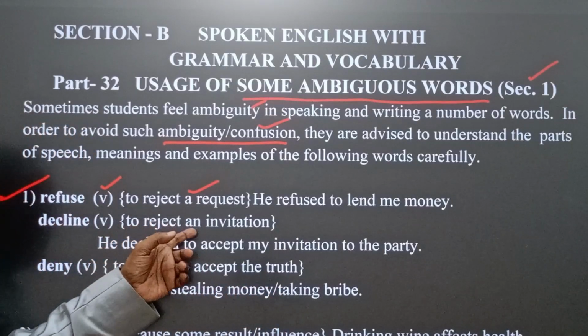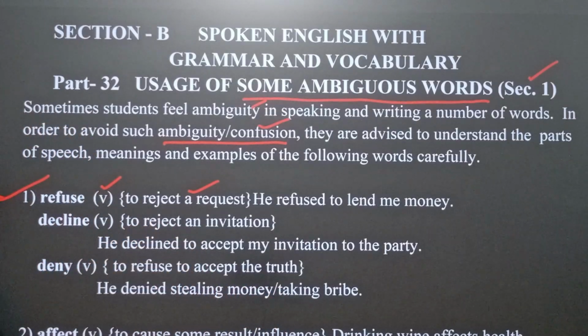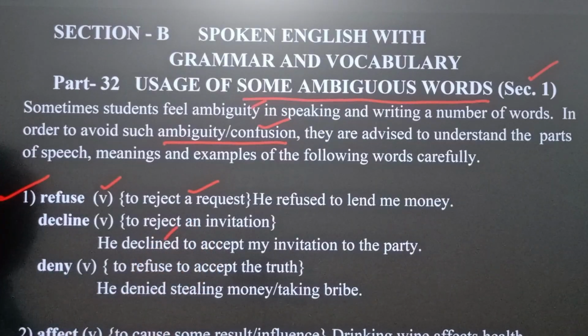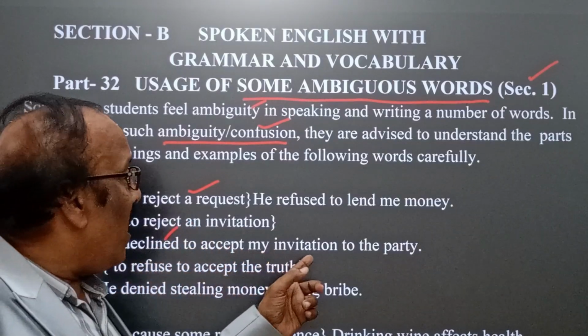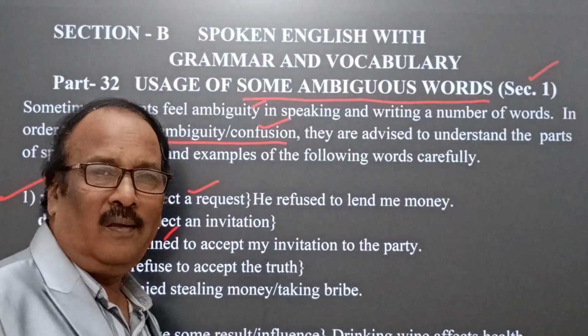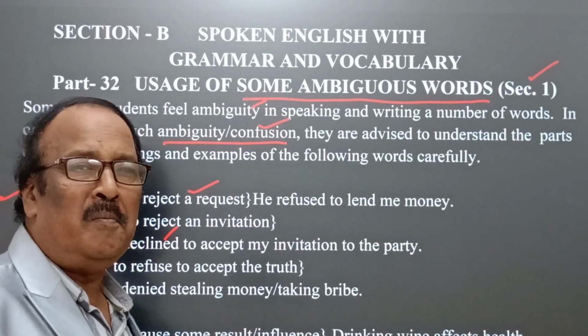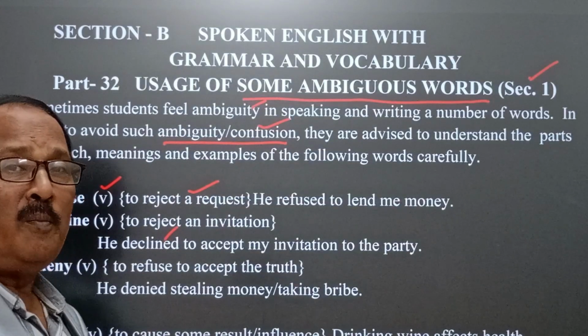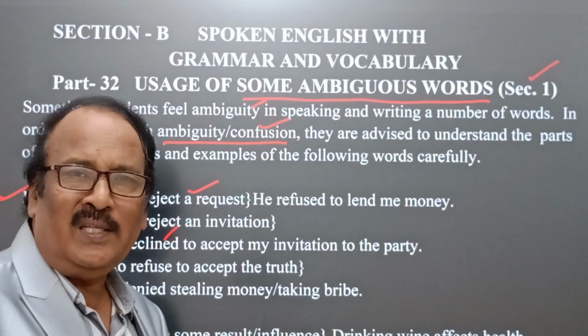This is what you call rejecting an invitation. Here, in this case: he declined to accept my invitation to the party. It means I invited him, but he declined my invitation to the party due to some reason.